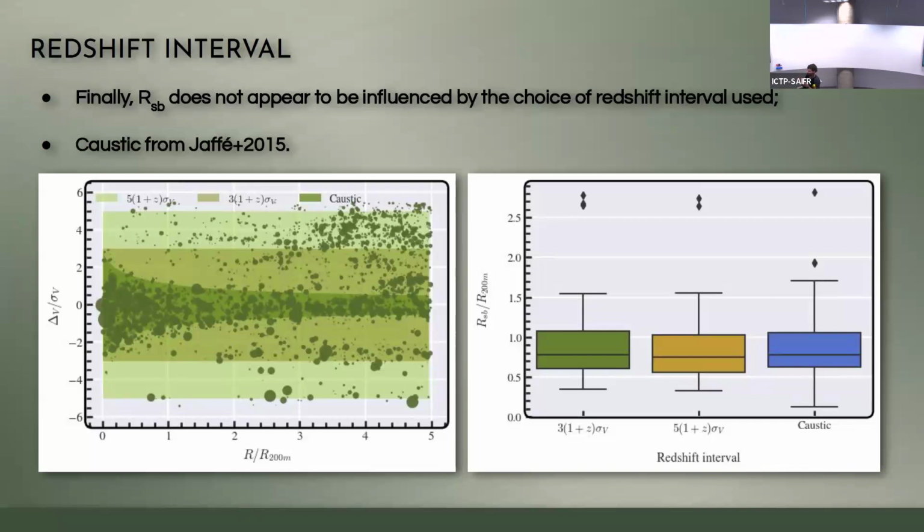The physical velocity scale corresponds to the escape velocity of the cluster. So galaxies projected in the green band are cluster galaxies, and also galaxies projected in this direction.